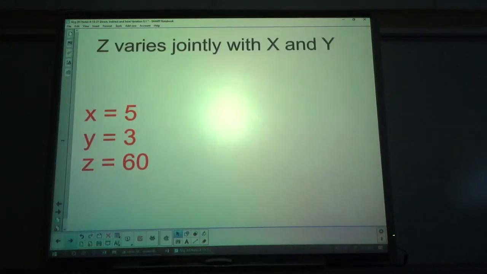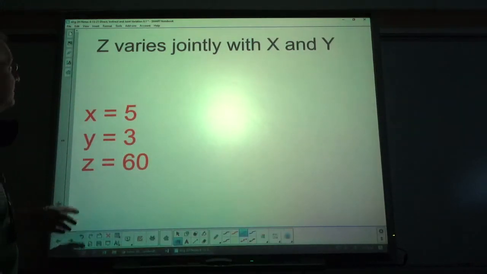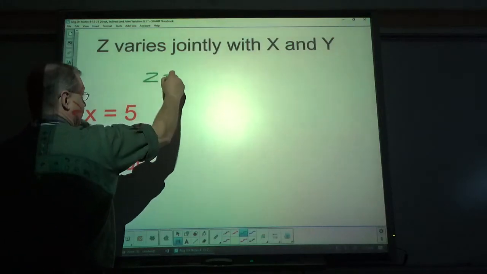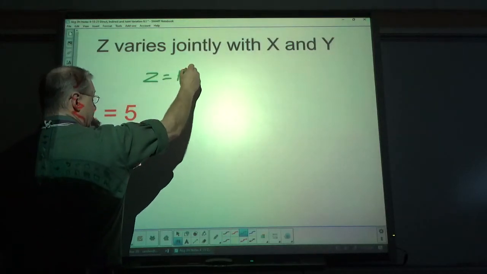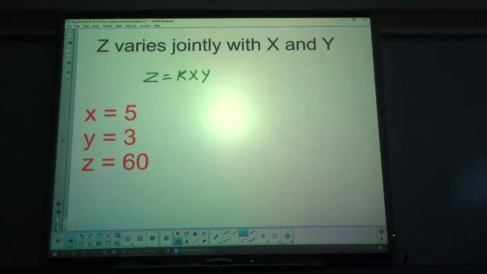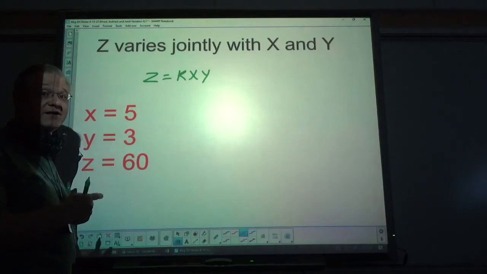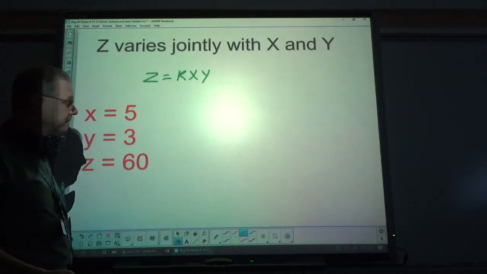Z varies jointly with x and y. All right? So z equals k times x times y. See, this is a little different than the first one, right? When it said y varies jointly with x and z.